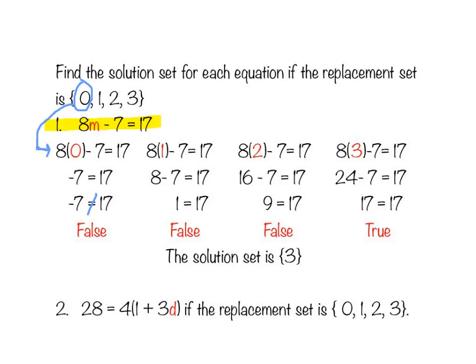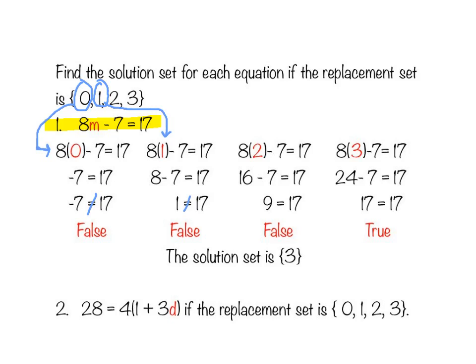All right, so next we will test the second element in our replacement set, and we will substitute 1 for m. 8 times 1 minus 7 equals 17. Well, 8 times 1 is 8. 8 minus 7 is 1. 1 does not equal 17. Therefore, 1 is not a solution either.